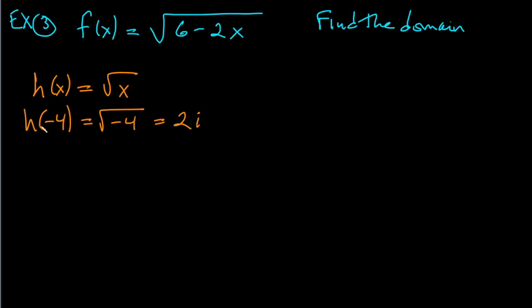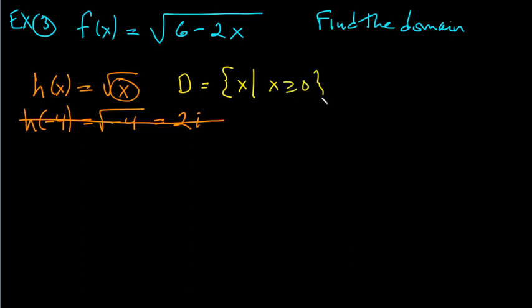So anytime we get an imaginary number, we just cross it out, right? So the domain then should consist of all values of x that are greater than or equal to 0. Right? Or in interval notation from 0 to infinity.